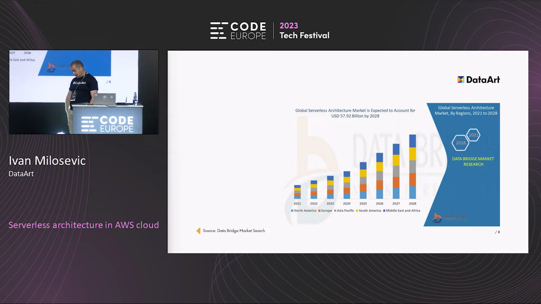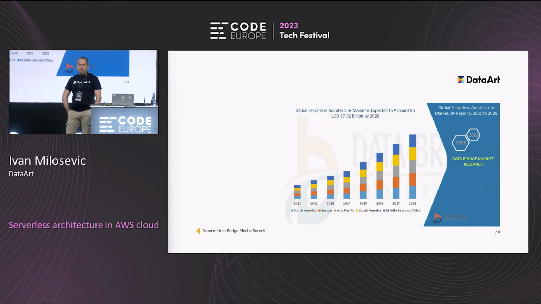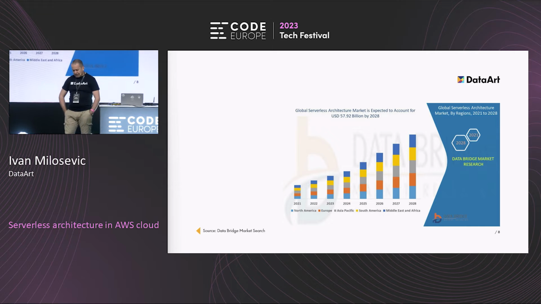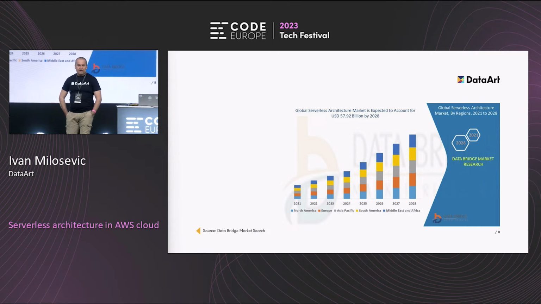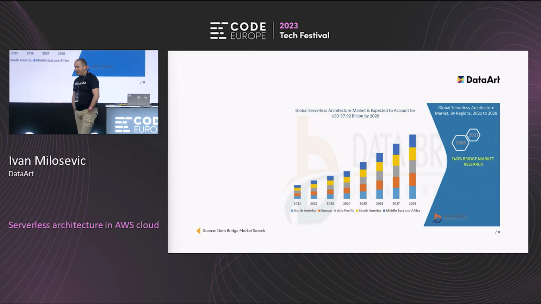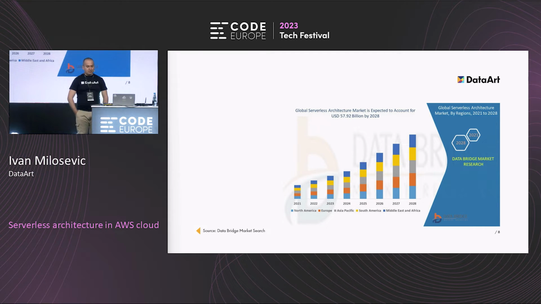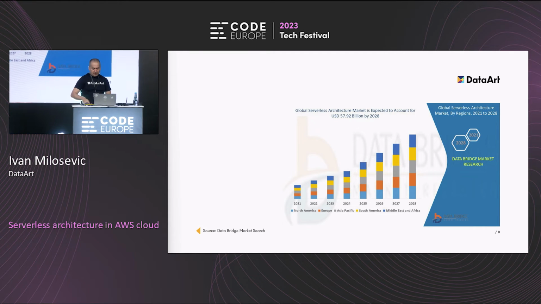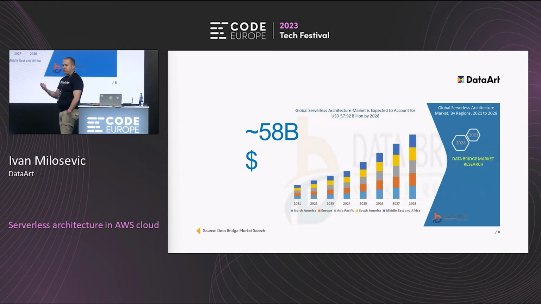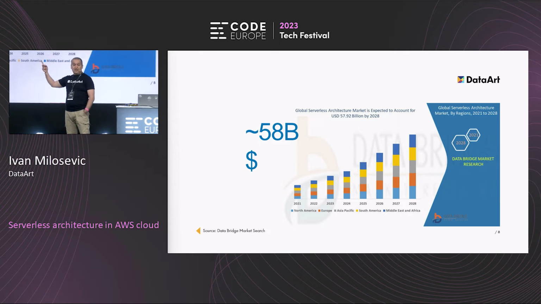When it comes to those key players, there is a huge number of them, but let's say that Google, Microsoft, IBM, and of course, AWS are the most important ones. And what I actually want you to remember is this point, 58 billion.